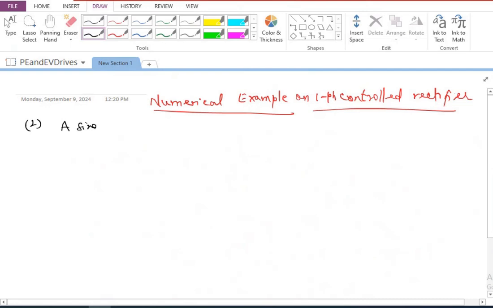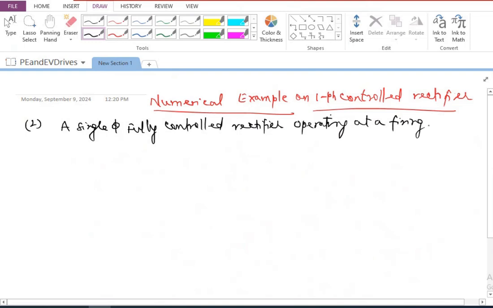So a single phase fully controlled rectifier operating at a firing angle of 22 degrees is fed by a 240 volts 50 hertz supply.